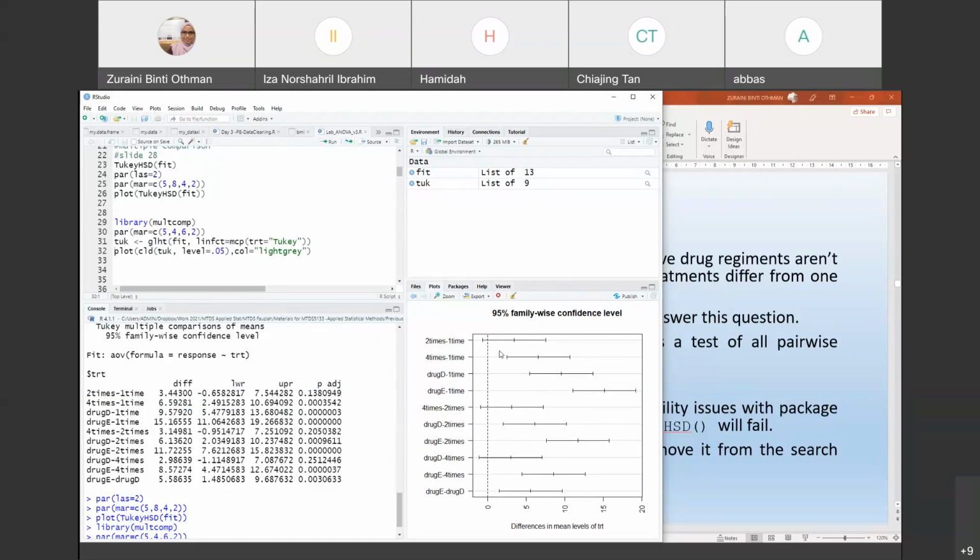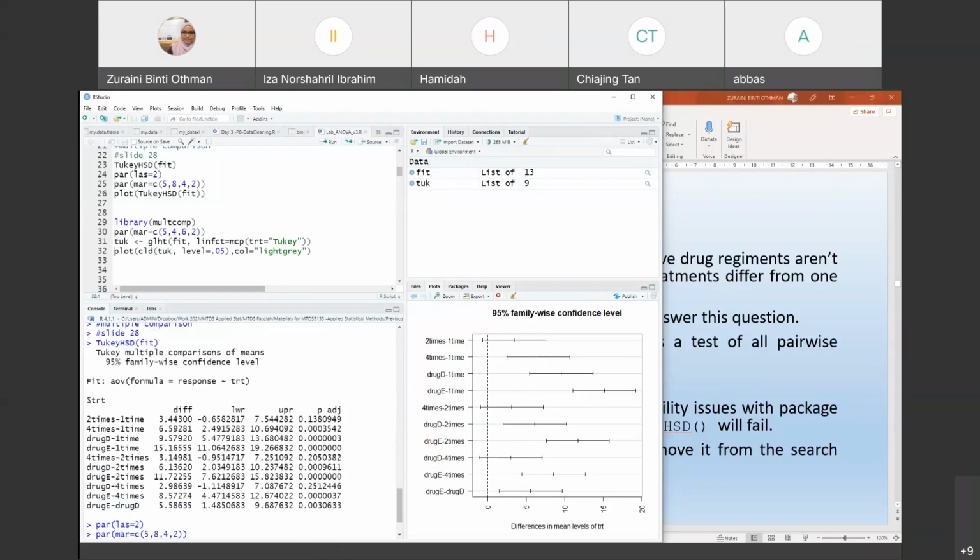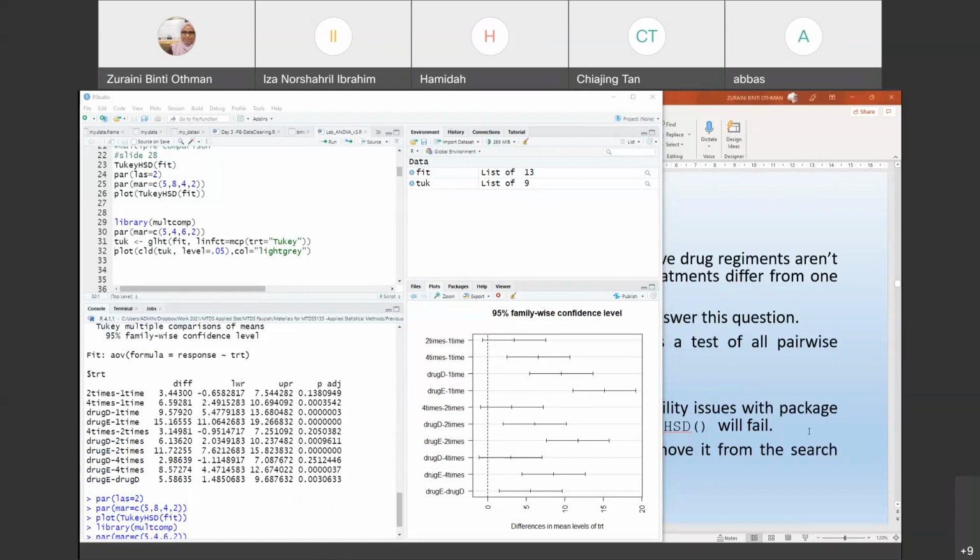But this graph only states the interaction between these two. We can't get the full picture. We want to know the interaction between one and another.